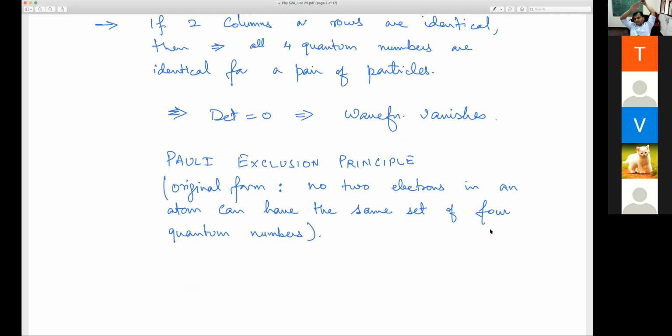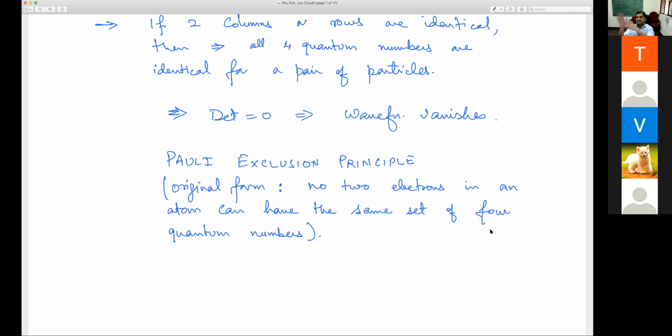Particularly, we know that there are four unique quantum numbers to identify single particle states, right? So n, which is the radial part of the wave function, l, the angular momentum part, ml, which is the azimuthal angle part, phi. So these three come from the three coordinates.